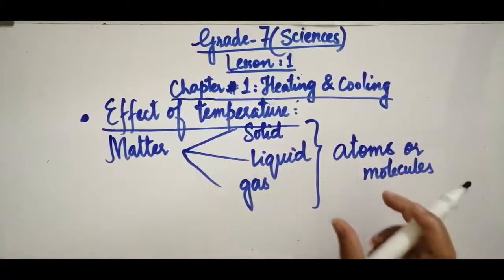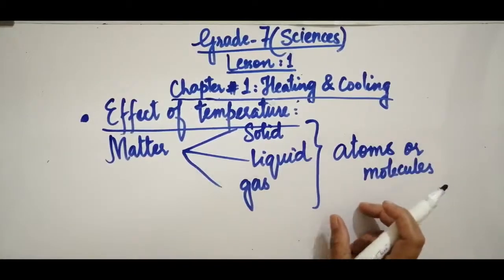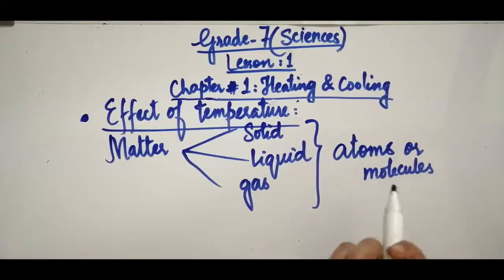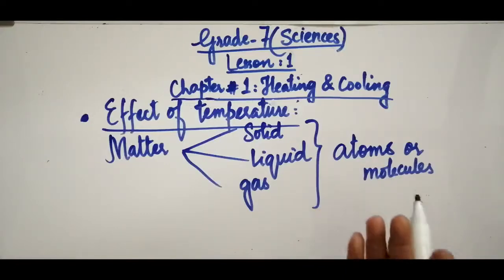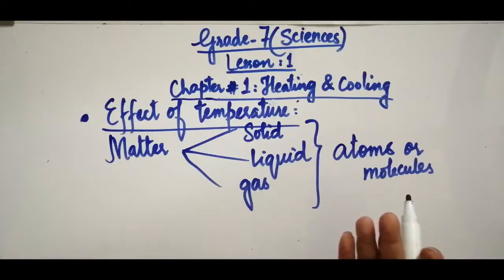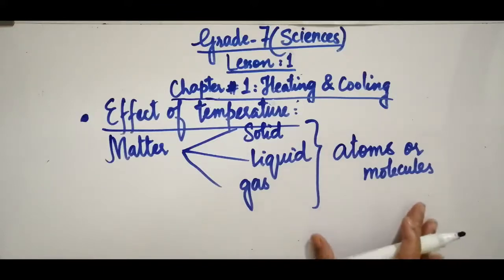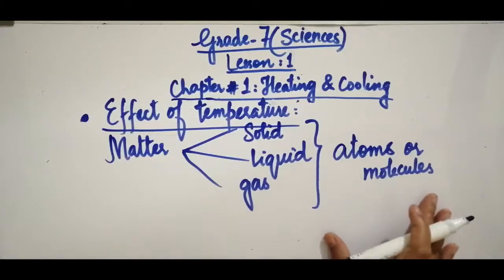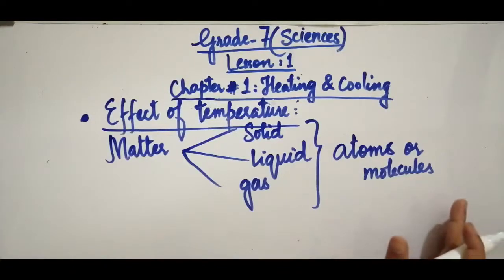They are not still in their position. The more energy they get from their surroundings, the more movement they show. So the more energy the particles have, the more they move about. And the opposite is also true. As they lose energy, they move about less. So this change in energy is what heat is.